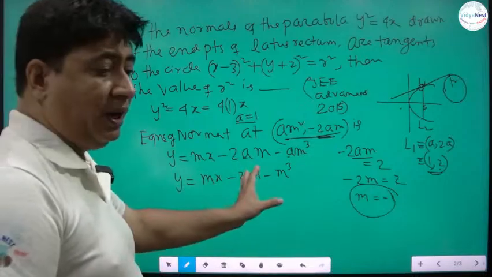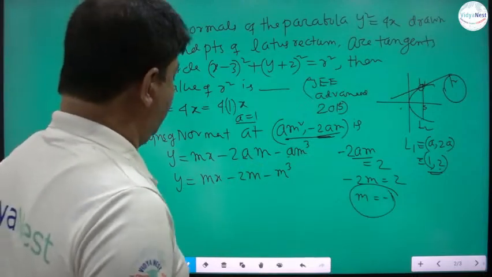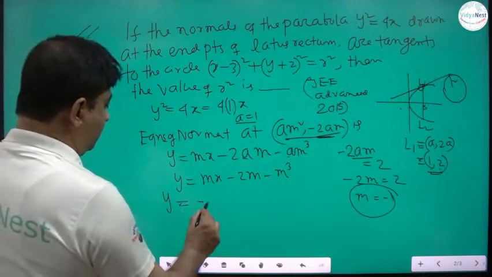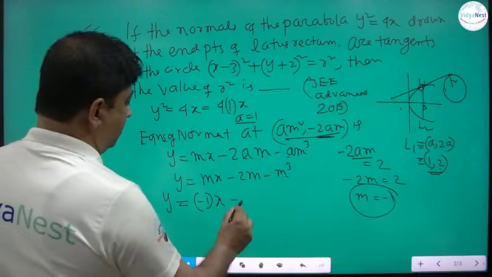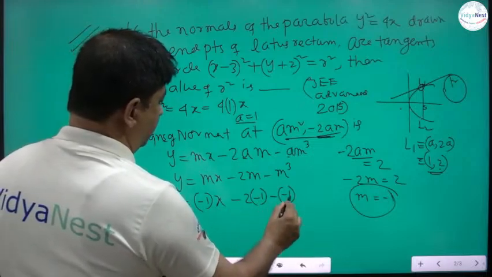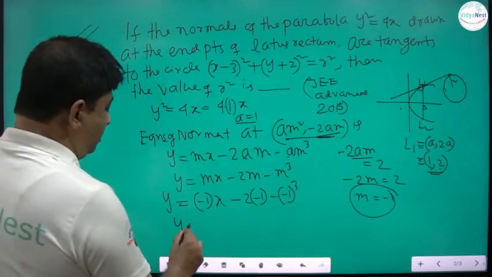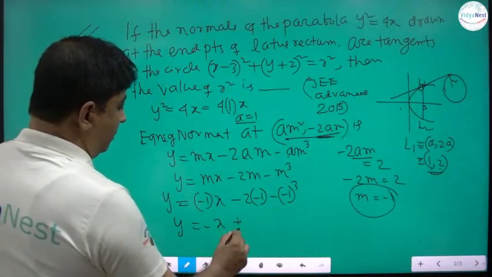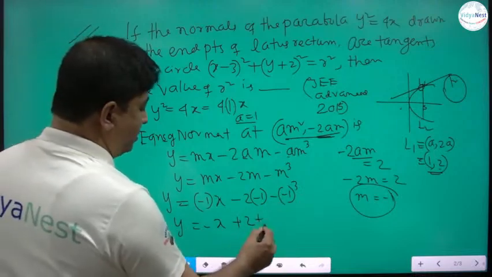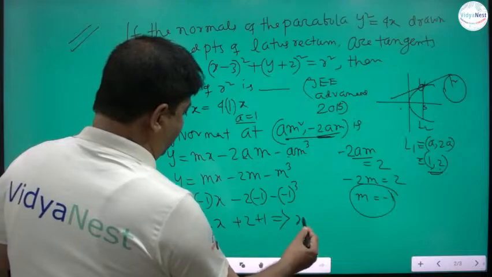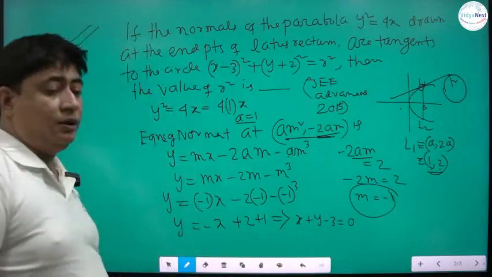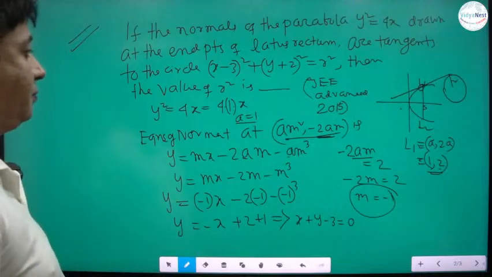So once you get m as minus 1, then put it here. So it turned into what? Plus 2 minus 1 whole cube, minus will remain plus 1. So in a simple version we have got x plus y minus 3 is equal to 0. That is one of the normals.